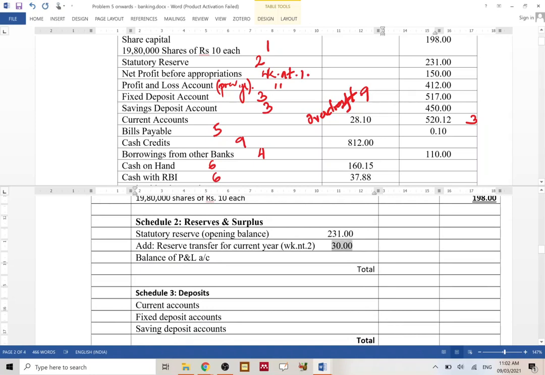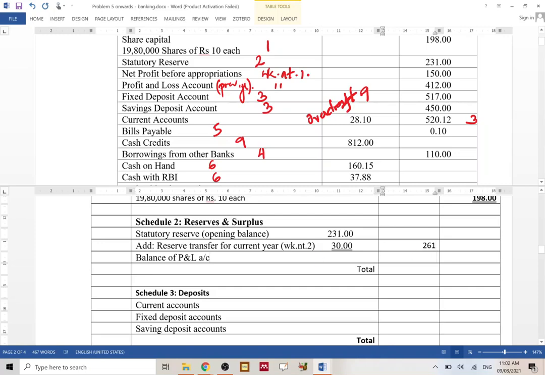We'll do this adjustments now itself since we have all the information without any additional calculations required. So final amount, that is the reserve after adding the current year's reserve to the previous year, what we get in the inner column is 261. Okay.